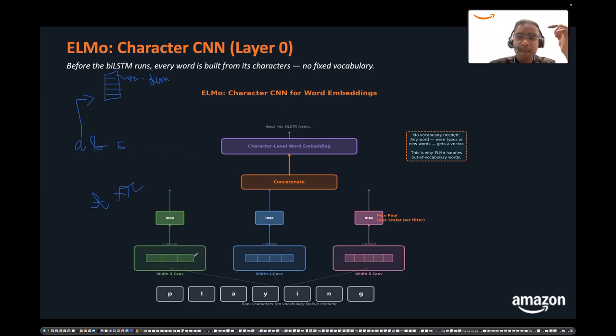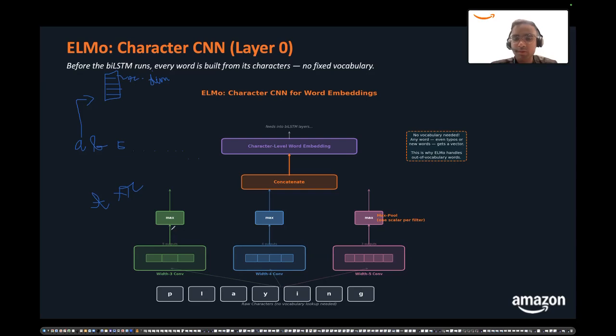So I am trying to embed my word by having a learnable embedding for each and every character. And these embeddings would be randomly initialized. But as I train my whole architecture, these embeddings will also be learnable and optimized for the best outcome. We have these convolutional layers as an operator which is trying to get n gram representations.